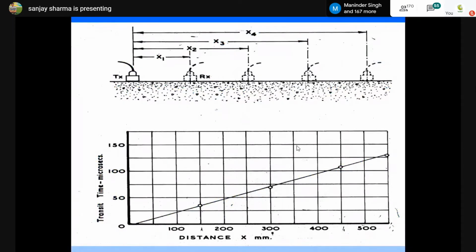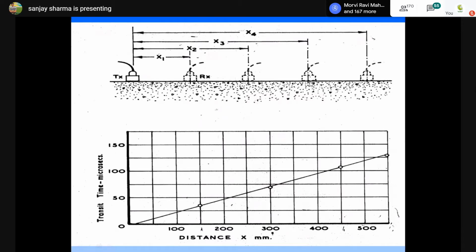And this is what I was explaining: the determination when two layers are there, a higher layer and a lower layer. You can put one transmitter here and keep changing the receiver point. As I said, waves are traveling. This wave is traveling in this direction, this wave is traveling like this. Once it enters the other media, you can also determine the depth of that concrete.